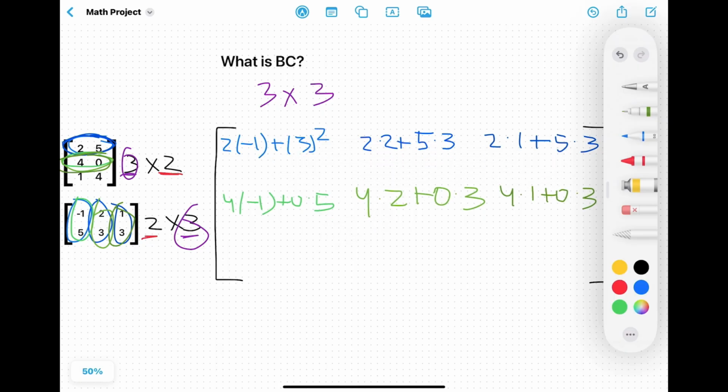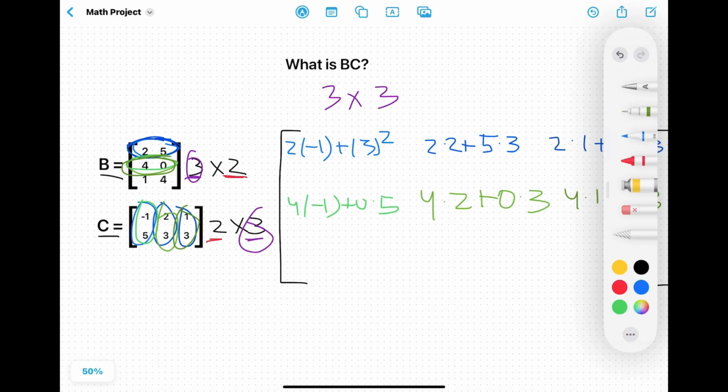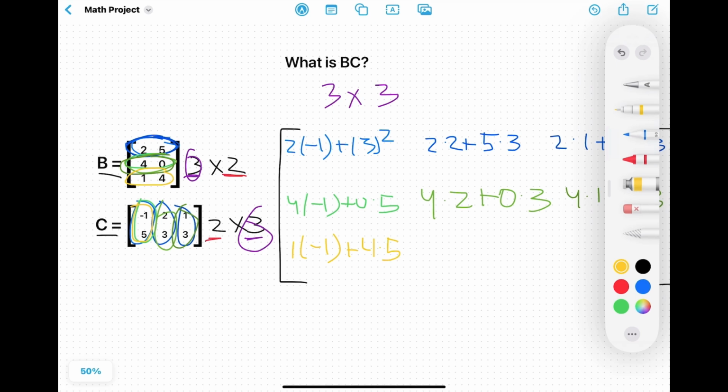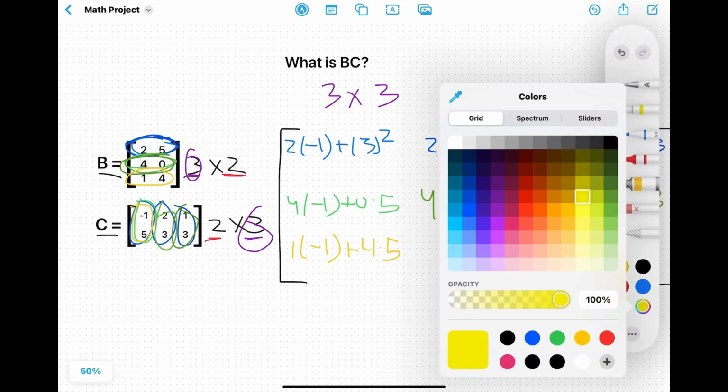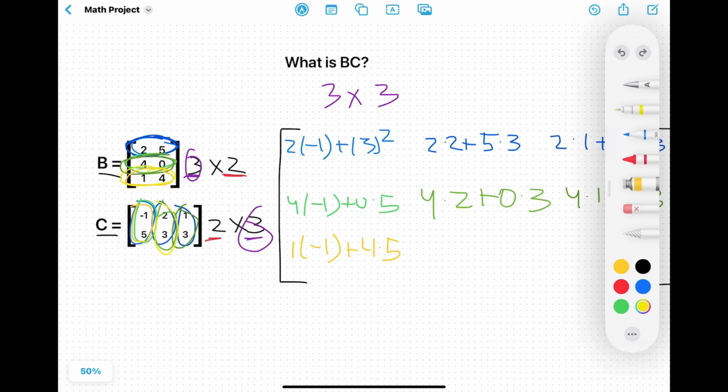Now we can start our final row. Let's do it in yellow. Third row, first column, 4, 1, negative 1, 5. 1 times negative 1 plus 4 times 5. Third row, second column, 1 times 2 plus 4 times 3.